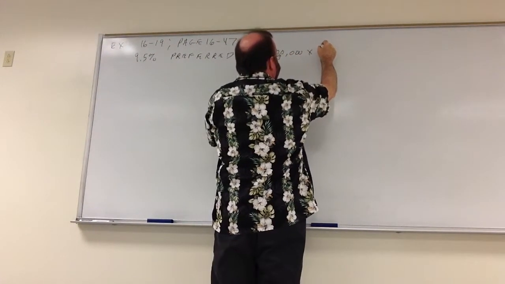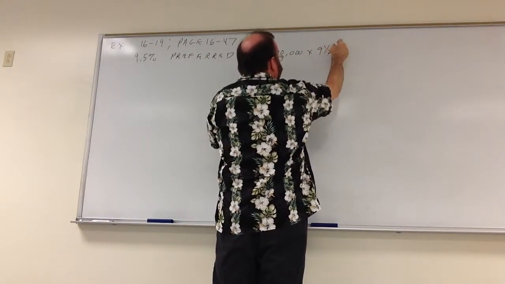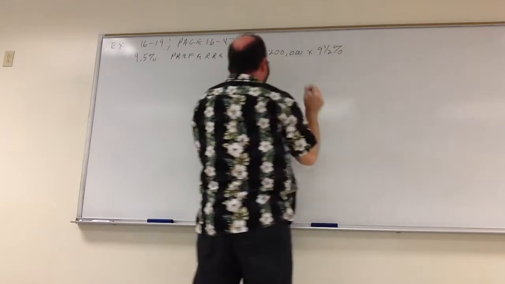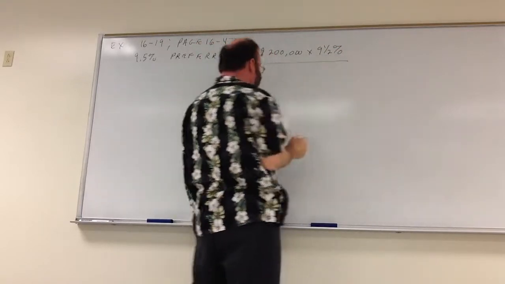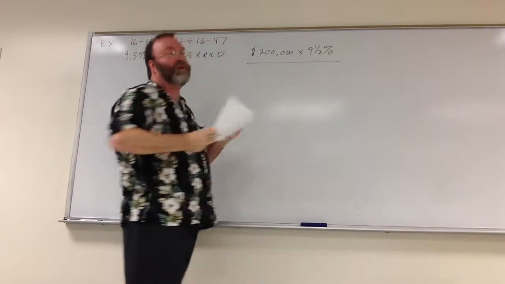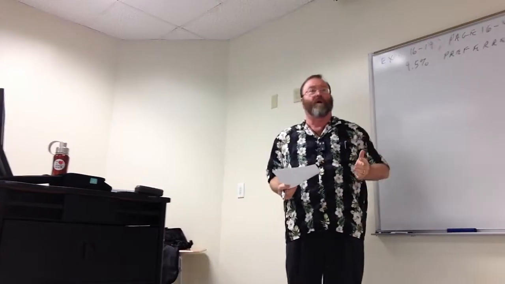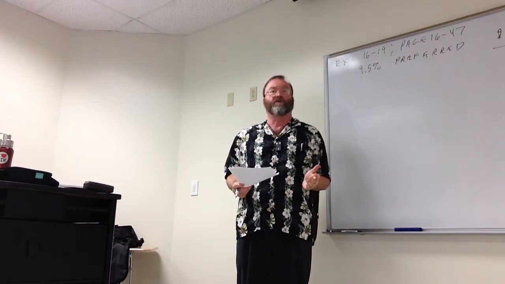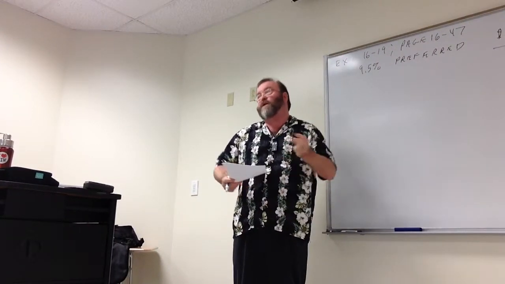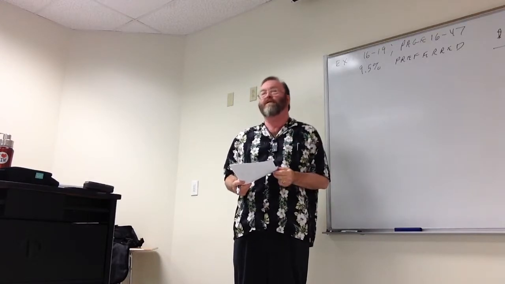So, for preferred stock, the numerator is the $200,000 par value times the 9.5%. The denominator is, if it's $100 par and we have 200,000 in par value in the preferred stock account, how many shares of stock do we have? How many shares of preferred stock do we have? What's 200,000 divided by 100?